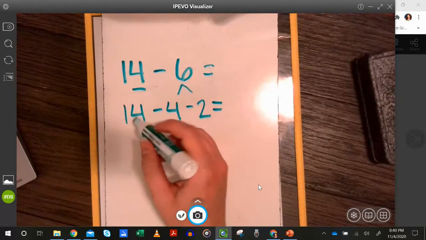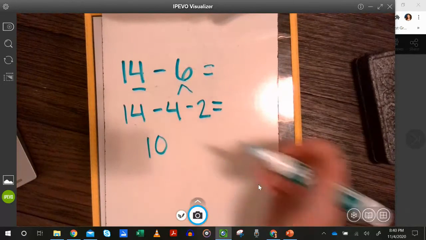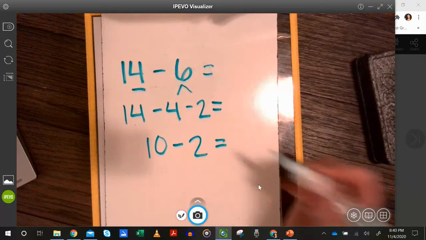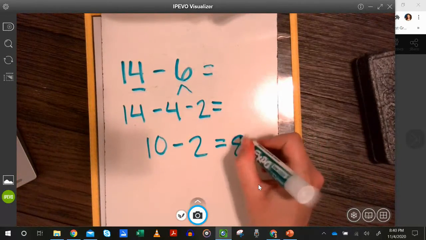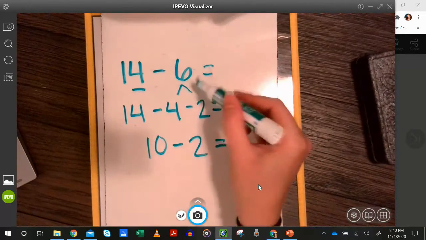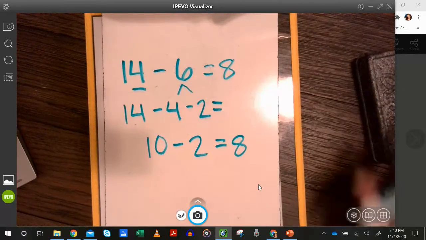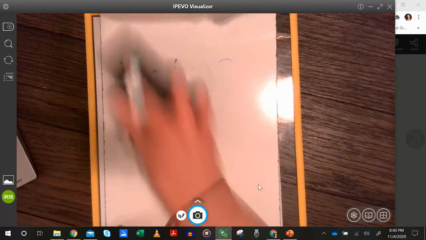Then I can easily think 14 minus 4 will be 10 minus 2 more leaves me with what? What is 2's 10 buddy? 8. So 14 minus 6 equals 8. Let's try another one written out.